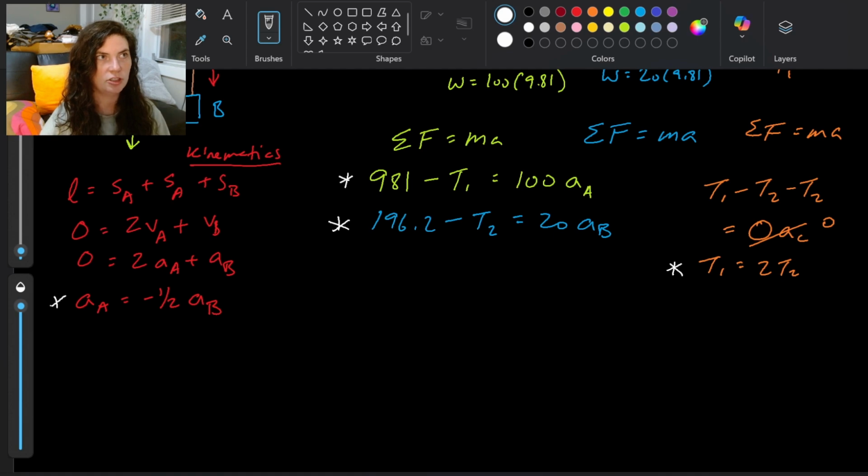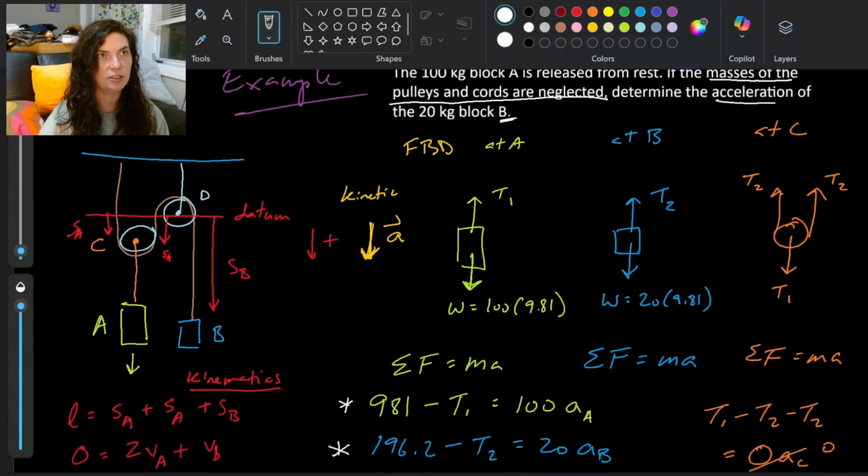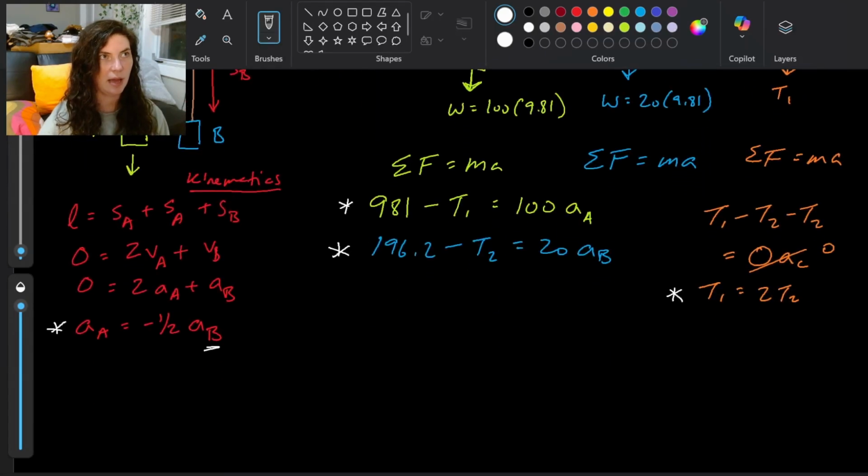And I've got a relationship for acceleration of A and acceleration at B. That's 4 equations, 4 unknowns. Means I can come together and solve for what I was looking for. And what we were looking for again in that problem statement, acceleration of B. This is the bad boy we're looking for right here, acceleration of B.